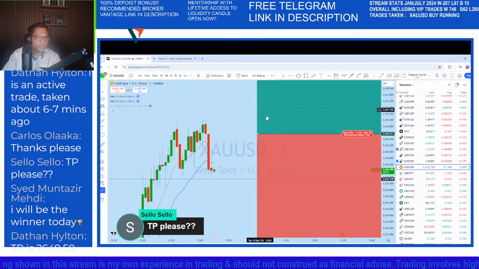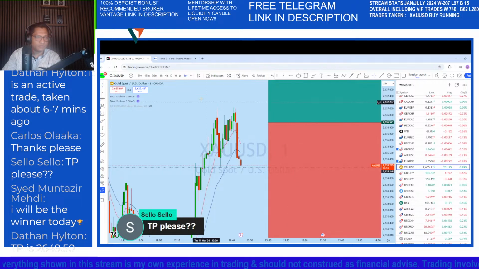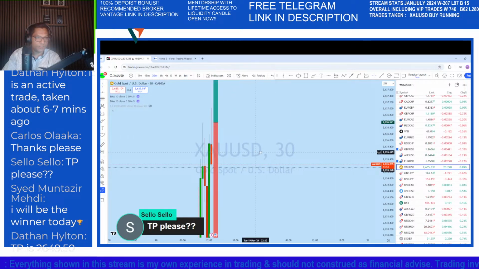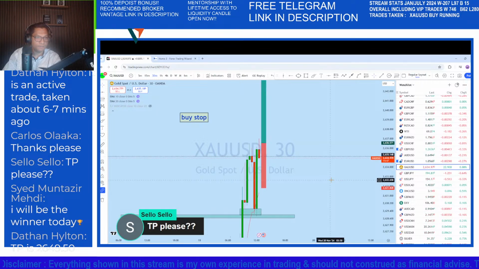Now the last moment, the price action, I didn't like that here, but what you can see, 30 minutes. Why is rejection again?